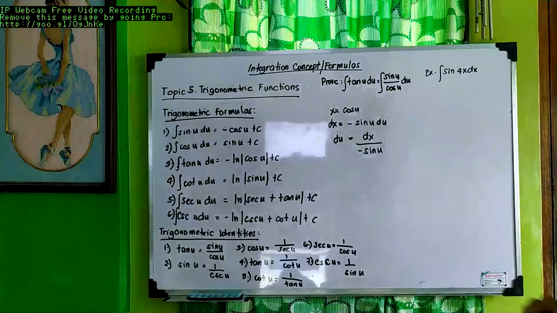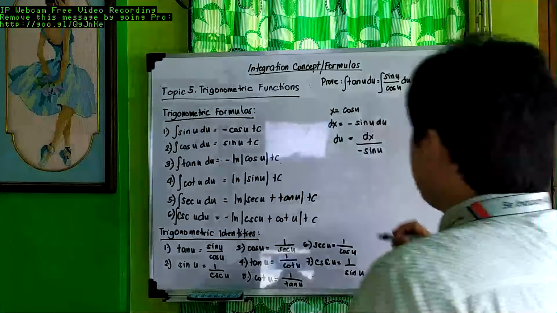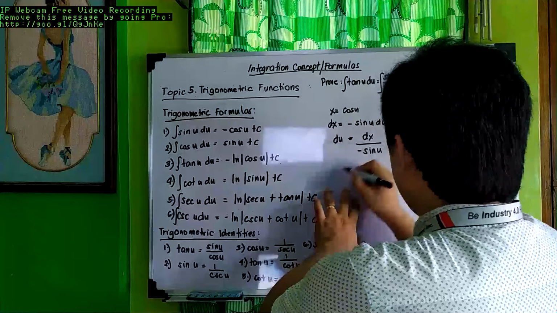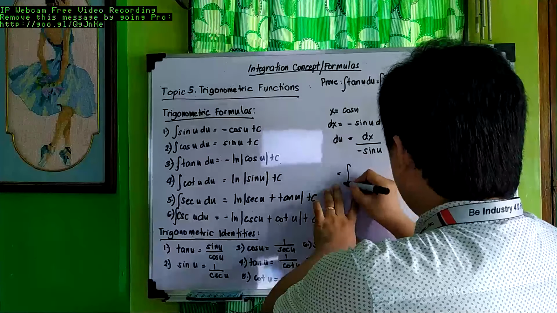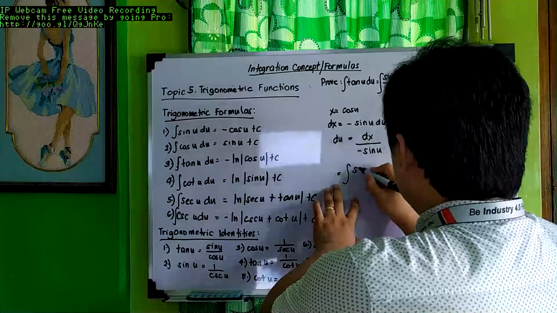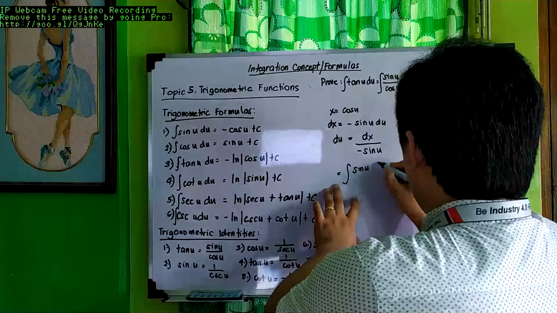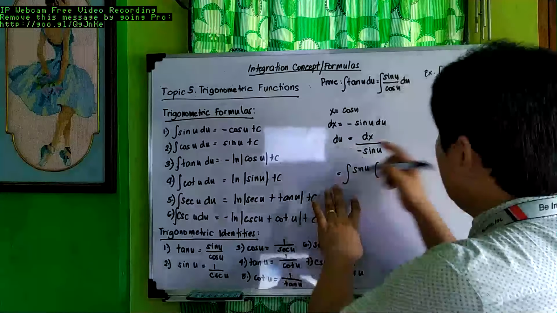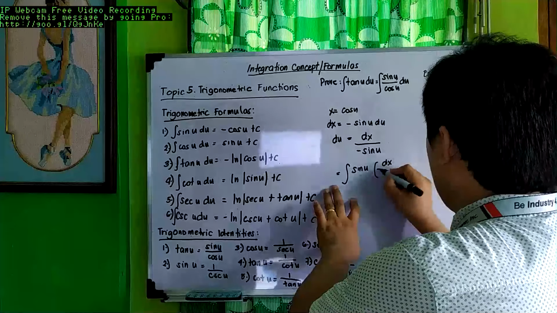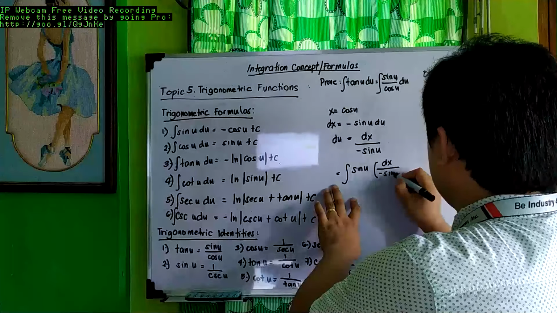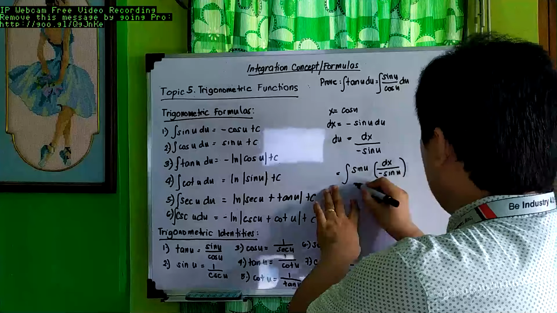Okay, so now we'll just substitute it there. And so we have the integral, we have sine u. What is our dx? That is du over negative sine u.